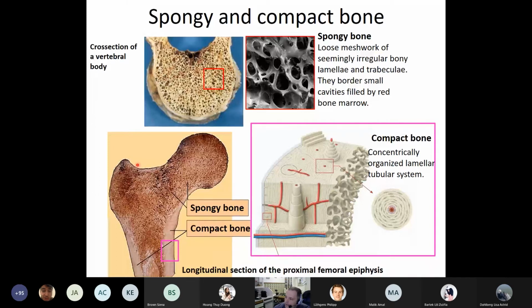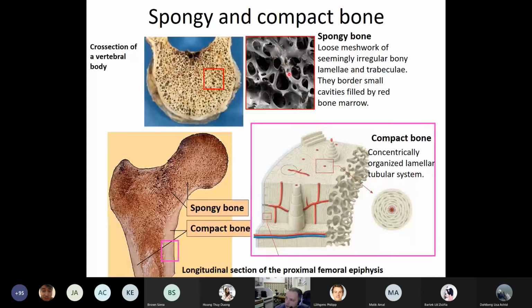And on the bottom picture, you can see the long section of the head and neck of the femur, where you can see spongy bone, and in the upper part of the body of the bone, you can still recognize compact bone also.